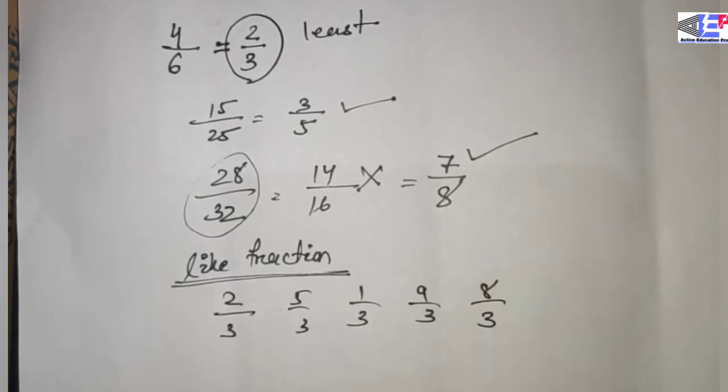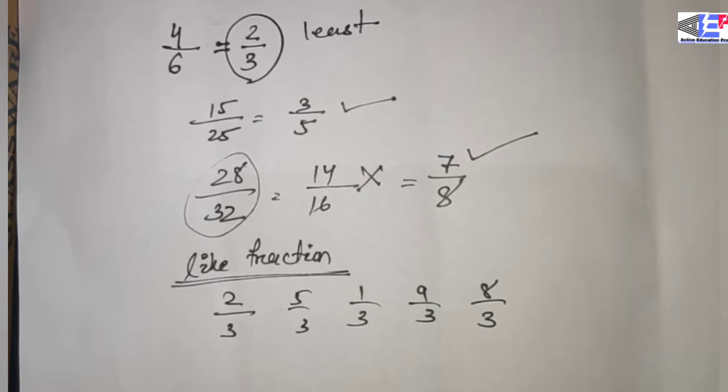All are like fractions because these 5 fractions have 3 as their denominator. Among these fractions, there are some proper fractions and also some improper fractions, but all are like fractions.